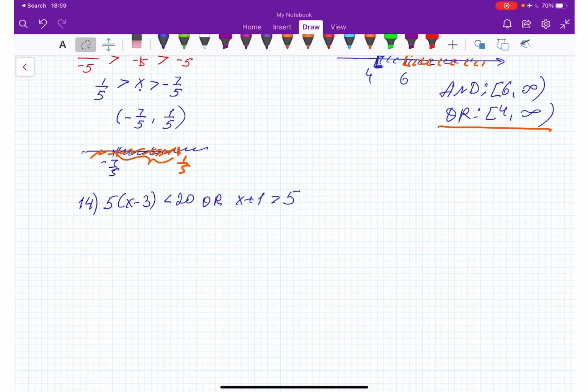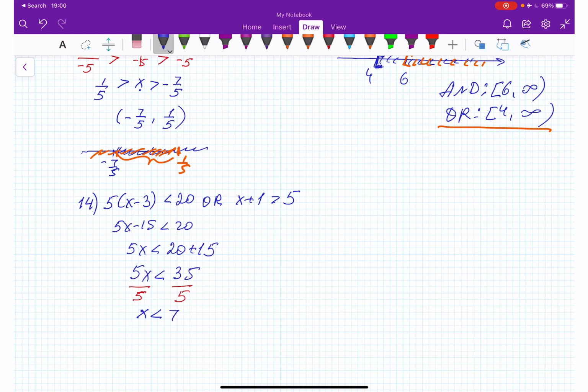So we need to distribute this 5, obviously. 5x minus 15 less than 20. 5x less than 20 plus 15. 5x less than 35. And we divide by 5. Okay. And we are getting x is less than 7.